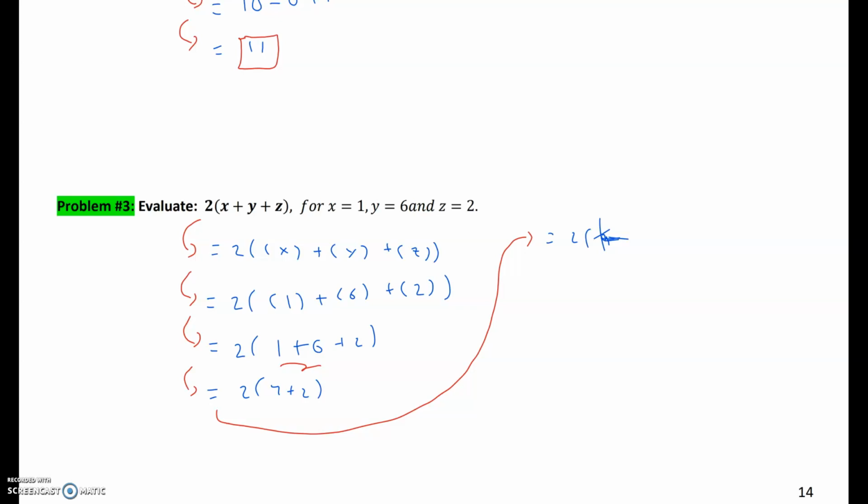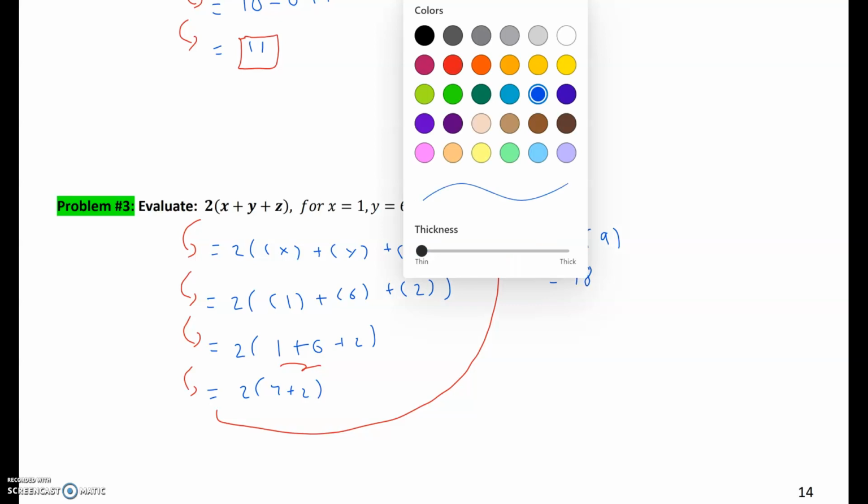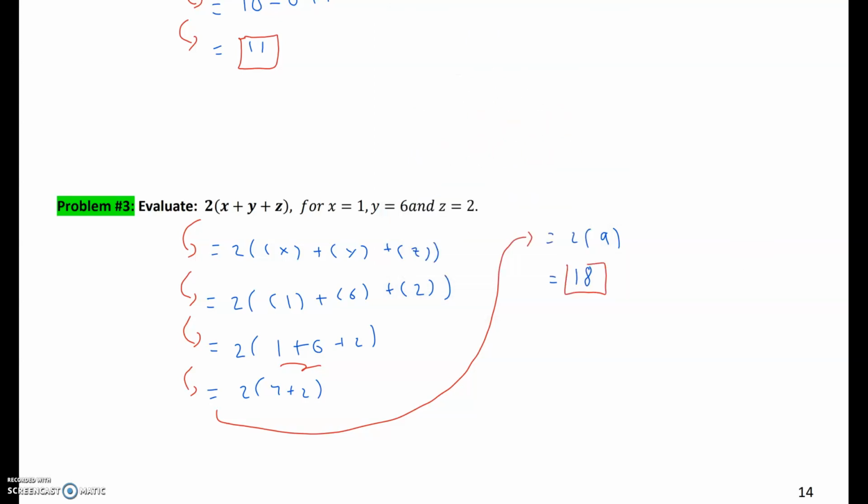Oh, sorry, it's not erasing. And then 2 times 9 is equal to 18. That's our final answer. Once again, this expression with these given values happens to be the values of 18. That's actually it for these problems.